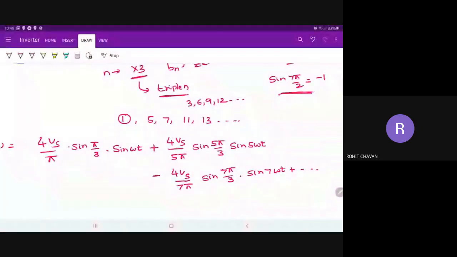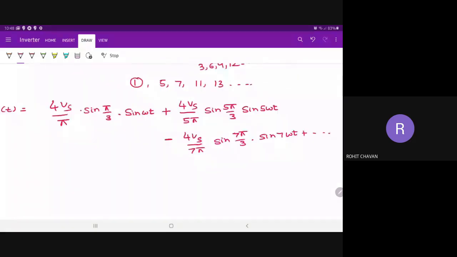Clear? So the fifth order harmonic is rotating in one direction. You might have studied this in symmetrical components, where you have studied positive sequence and negative sequence. So this is the fundamental. If you assume this is the positive sequence harmonic and this is the negative sequence, that means it is rotating in this direction, and the seventh will be rotating in the opposite direction.